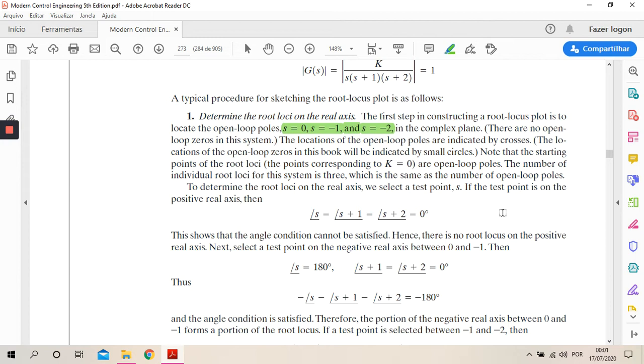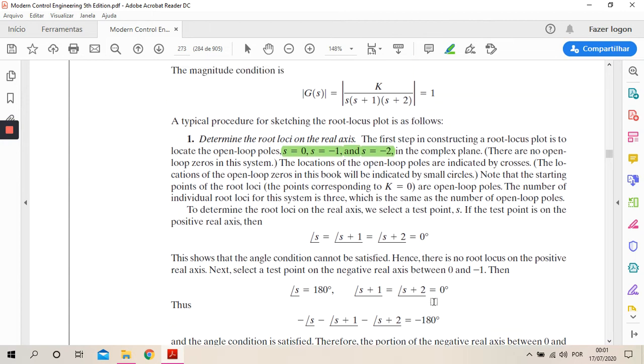Okay, let's continue. There are no open loop zeros in this system. Why are there no open loop zeros in this system? Because k is a number. K is not a function of s.